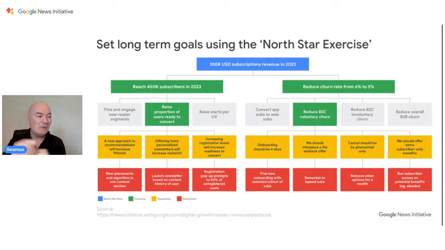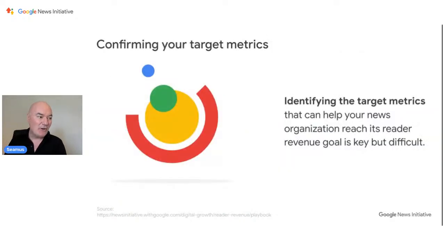So put those real goals in there, long-term goals, and setting an aspirational goal, if you like. So putting those figures in there, asking these key questions, as you can see there, these key categories as well. And confirming those target metrics that are going to help you achieve your reader revenue goal as well.